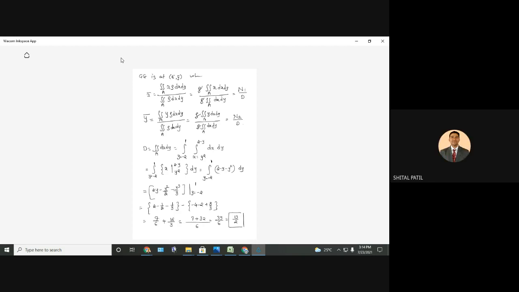16, I think that's wrong, it comes to 10 by 3. Yes, 10 by 3 is right. 31 by 6. Yes, 10 by 3 means this would be 20. Right? 6 7 as it is and 27 by 6. 11 by 6 will come. 7 by 6.